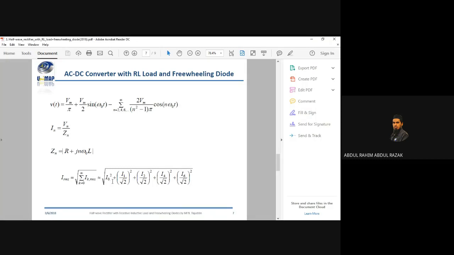It consists of the fundamental element and the harmonics: first harmonic, second harmonic, third harmonic, fourth, fifth, sixth harmonic and so on. We shall see the harmonic elements later, but it means that the RMS current consists of all the harmonic components of your sine wave.